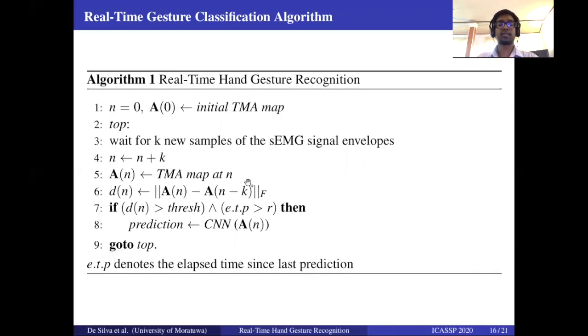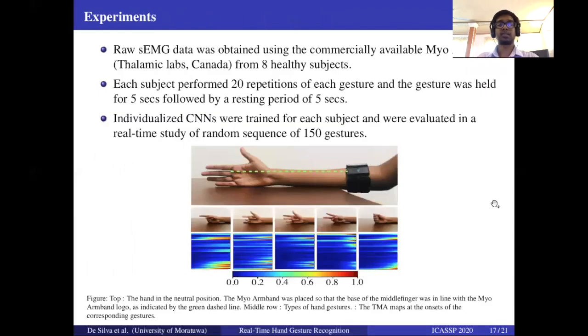Instead, it only takes in the time points where there's a gesture onset and then only classifies it according to the label. And this increases the speed drastically, and also it can increase the accuracy of our algorithm as well.